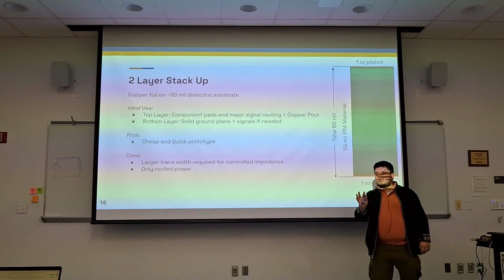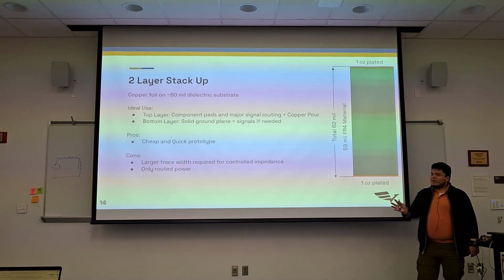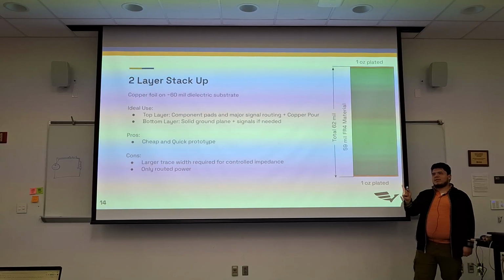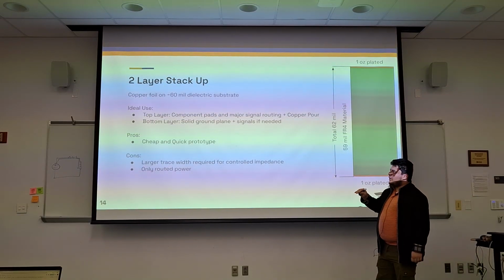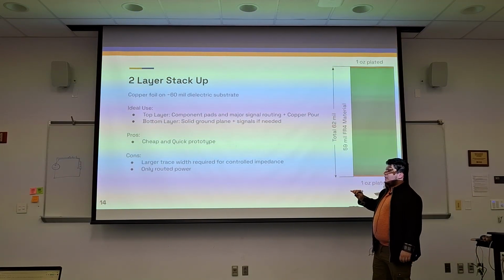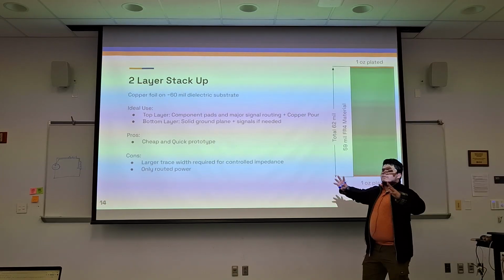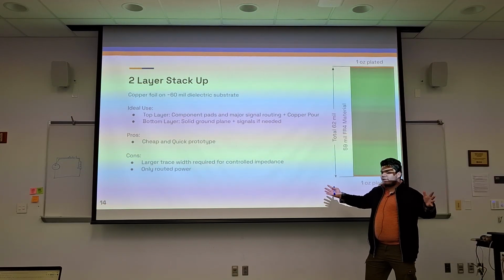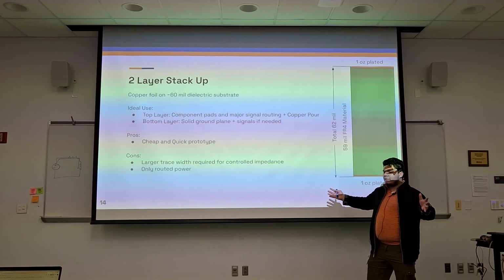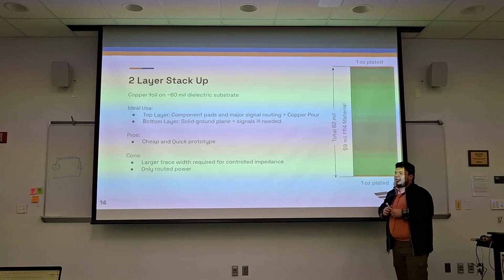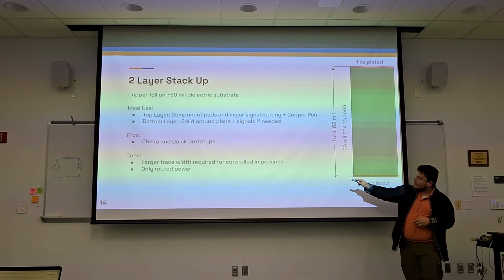And that's generally not great. But for a two-layer stack up, this is the best that we can do. Because if we have a blocky or not a solid plane, then that field is going to go even further out, because it's going to try to find a path if we don't give it one. So this is a limitation of the two-layer stack up, and that's what I mean with the cons.